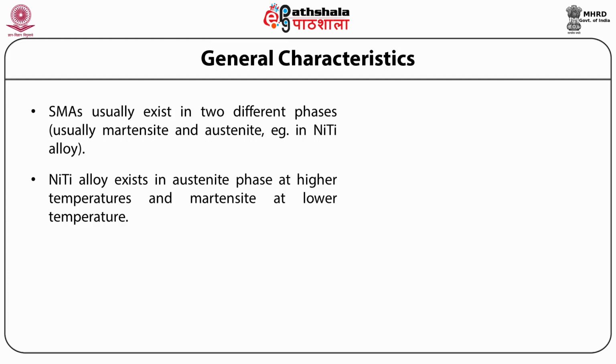For example, in nickel titanium alloy, the shape which is given to the austenite phase is the one that the alloy remembers, even if it is deformed in the low temperature martensitic phase.